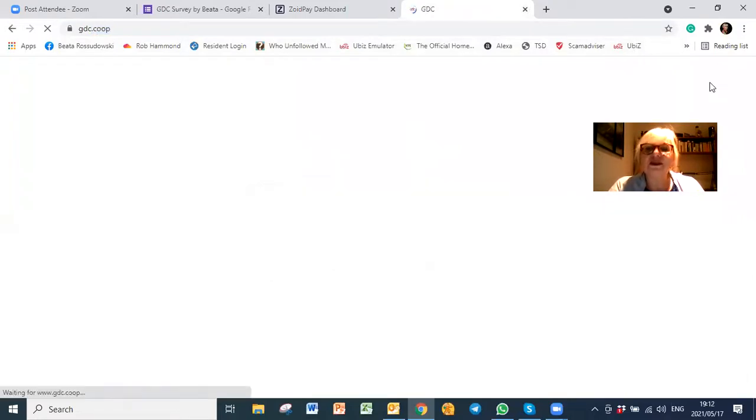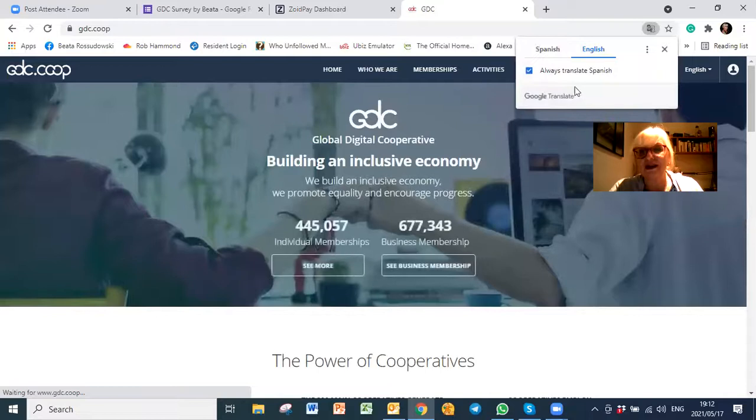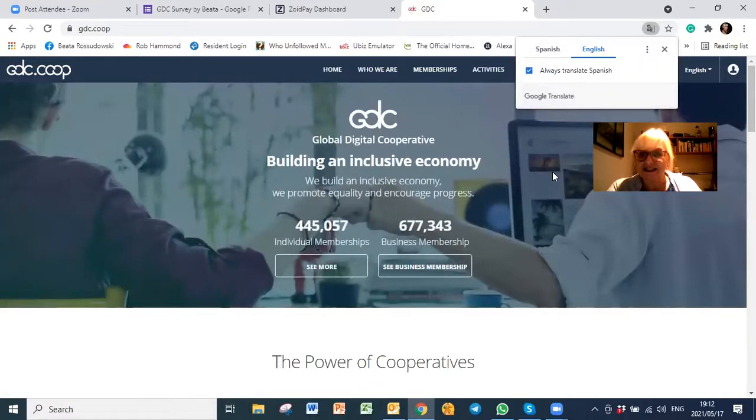Please, when you're creating your ZoidPay accounts and you want to benefit from the 30% payment in Yellow Trading Coin, make sure that your email addresses for ZoidPay and the GDC accounts are the same. Otherwise, the guys will battle to tie up all the transactions, and they might actually reverse the payment.